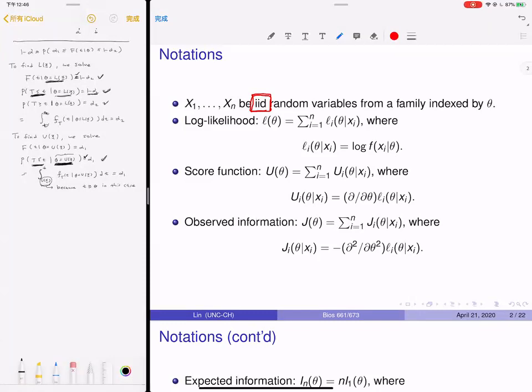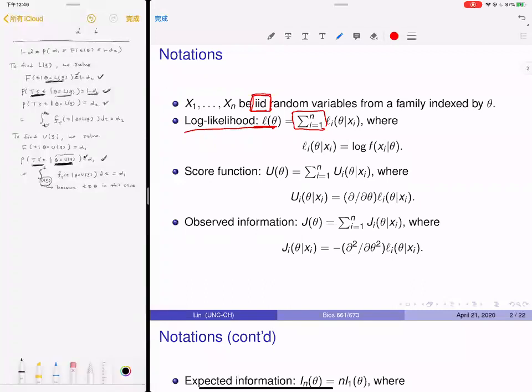Right now it's MLE deriving from the log likelihood function. To write down the log likelihood function with summation i from 1 to n, I want to write everything as the log likelihood function, a summation i from 1 to n.